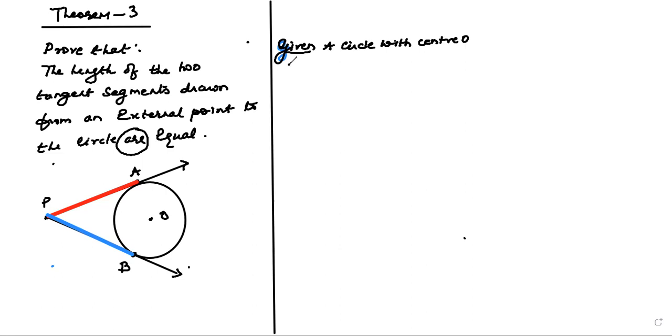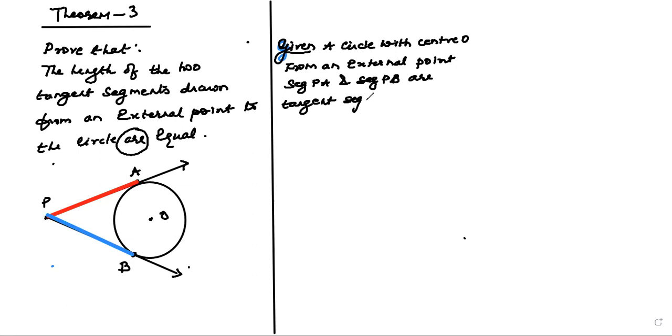From an external point P, segment PA and segment PB are tangent segments. Okay, this all is drawn. This is given to you. And what do you want to prove? Prove that the tangent segments drawn from an external point to the circle are equal. You want to prove this: PA equal PB.